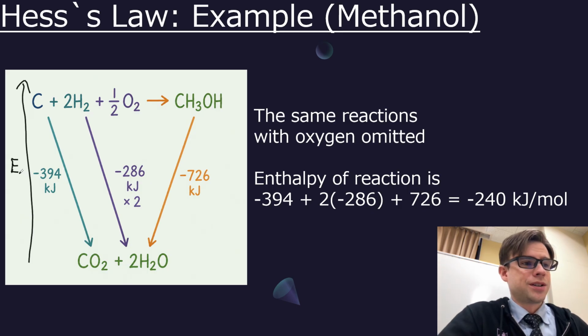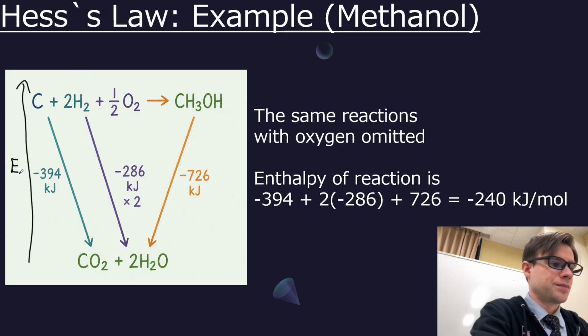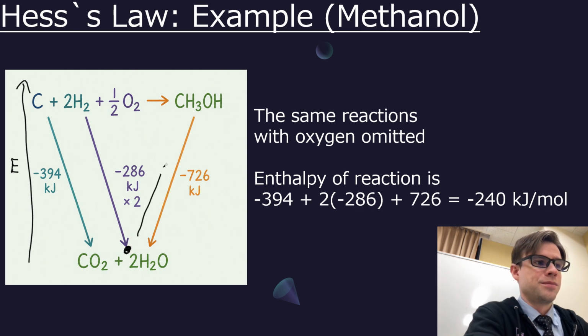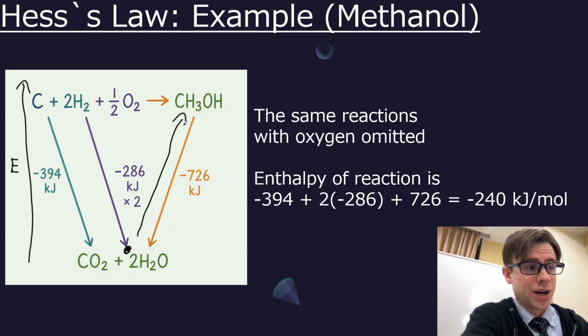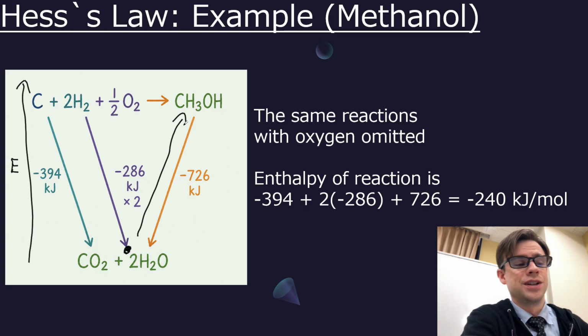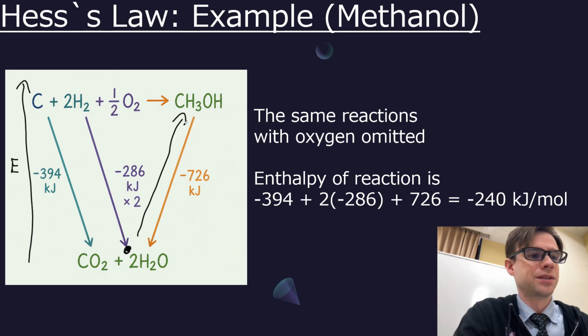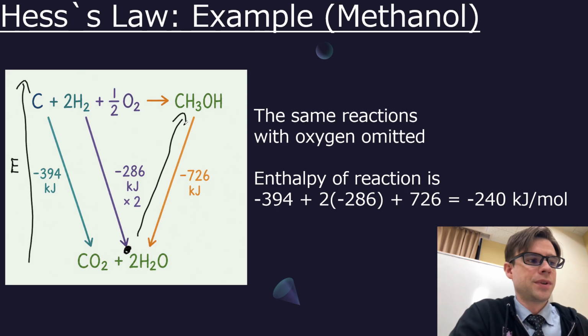But if we combust carbon and hydrogen and go down to that low point here, the target equation requires us to go back up to methanol. That means we would draw an arrow in the opposite direction of what is initially shown in the diagram here. So instead of minus 726, we have to change the sign to a plus. That's why it shows up as plus 726 in my little equation here on the right.